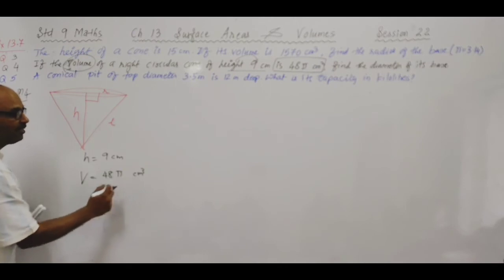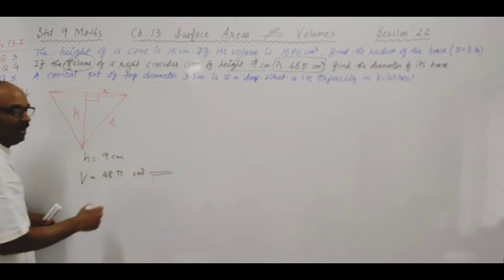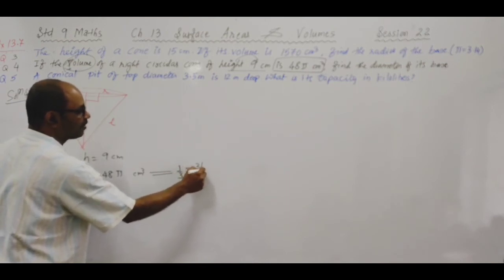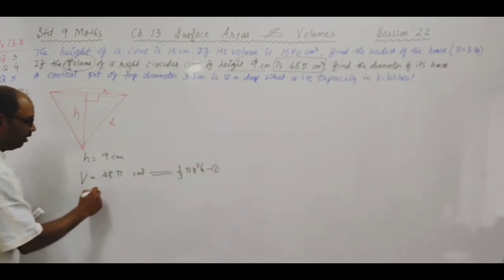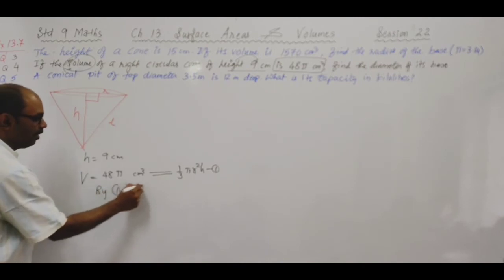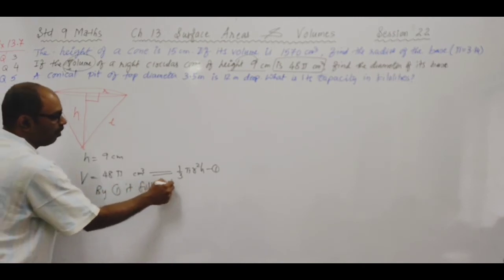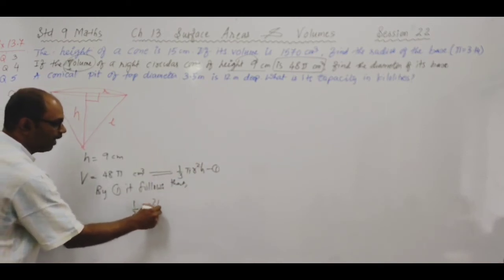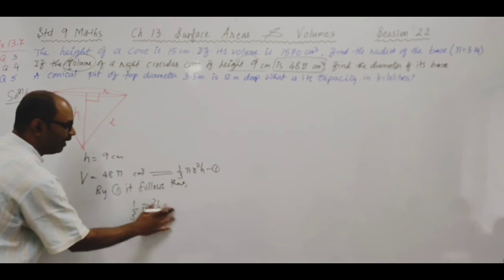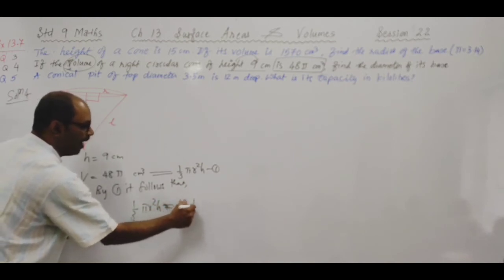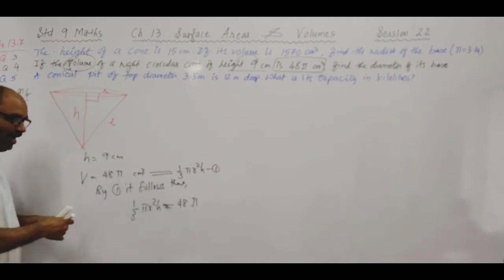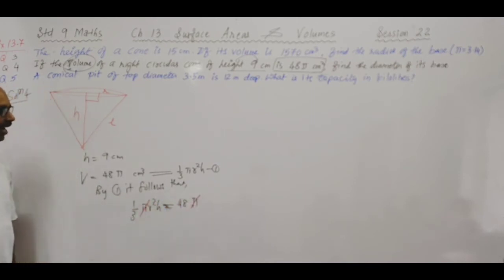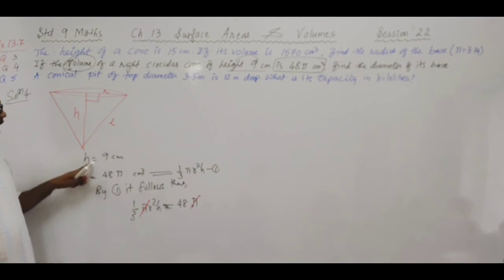That is equal to 1/3 pi r square h. Pi cancels on opposite sides.